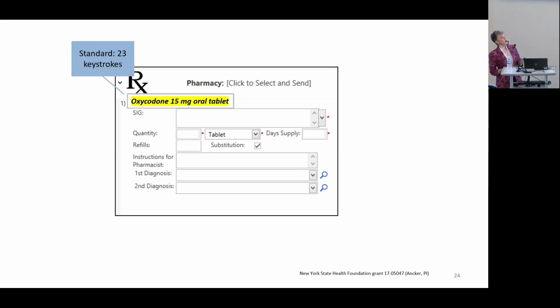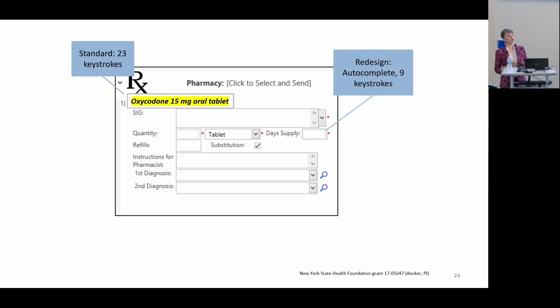So what we did, instead of adding keystrokes, which is what we did last time, this time we took away keystrokes. If the drug that they had selected was on our list of short-acting opioids eligible for this intervention, we auto-completed the form for them so that they only had to do 9 keystrokes.